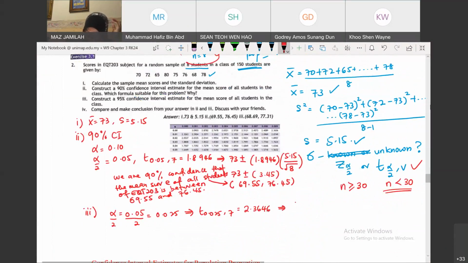You have 73 plus minus 2.3646 multiplied with 5.15 divided by square root of 8. Okay, what do you get there?